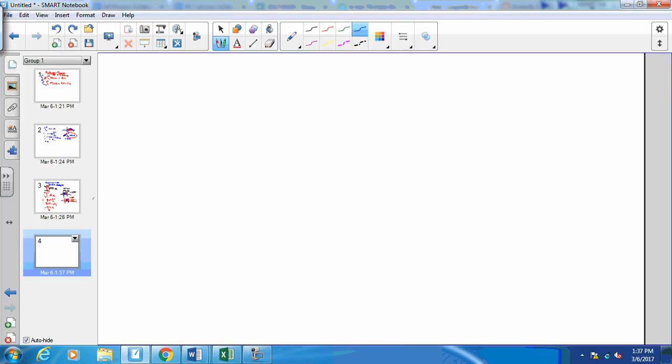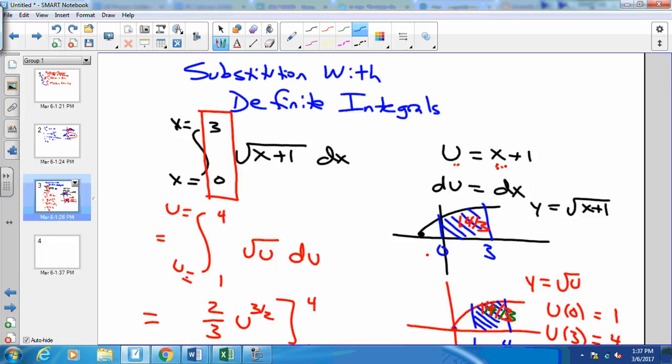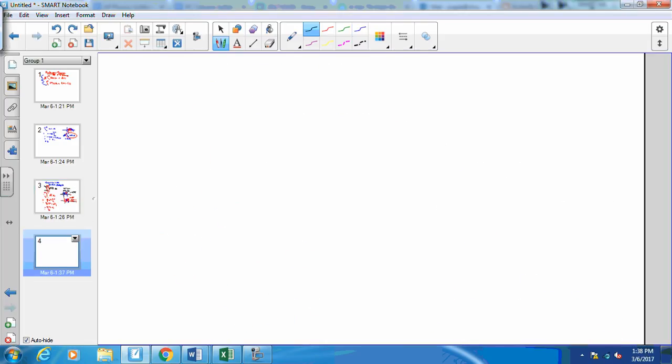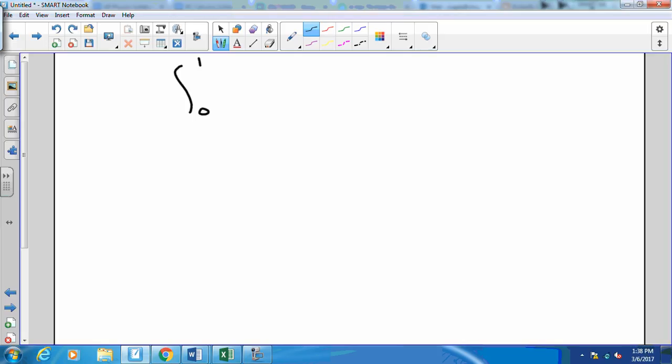Okay? Let's look at another one that's slightly more complicated. In the previous example, this was kind of easy because my region just shifted to the right. Now we're going to see one where the region transforms and looks really different. Let's consider the integral from 0 to 1 of x over 1 plus x squared dx.